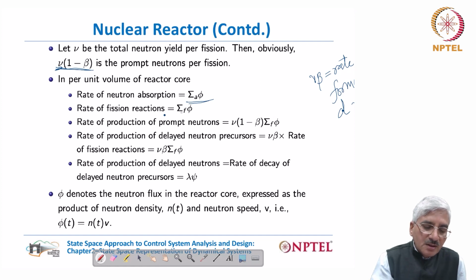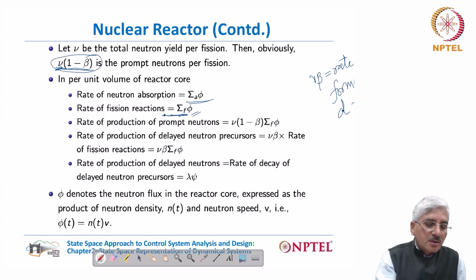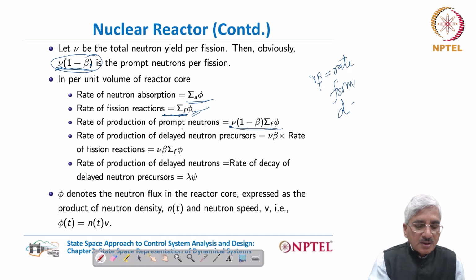Rate of fission is fission cross section into the neutron flux in the reactor. So the rate of production of prompt neutrons, because each fission is giving these prompt neutrons, so this times the fission event, so this is the rate of production of prompt neutrons.